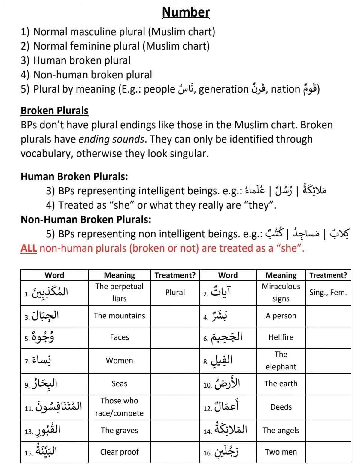Okay, this is special for human broken plural, which has intelligence. Normally who do we consider as intelligent? Jinns, human beings, and the angels. Any ism falling under these three categories is considered as an intelligent being.